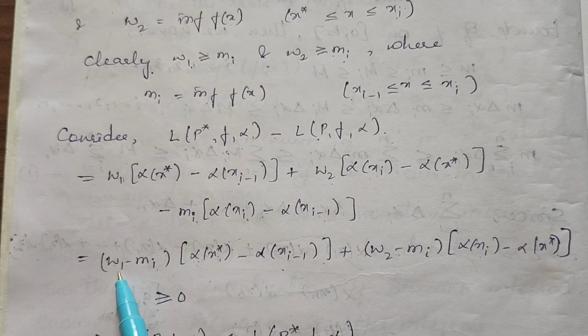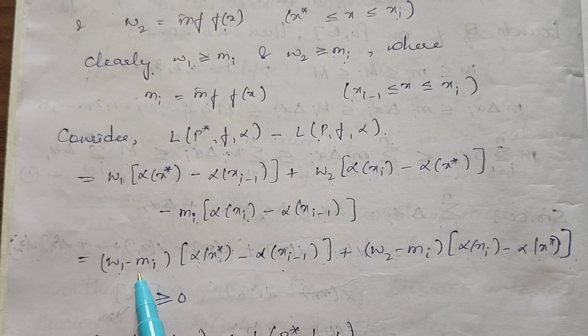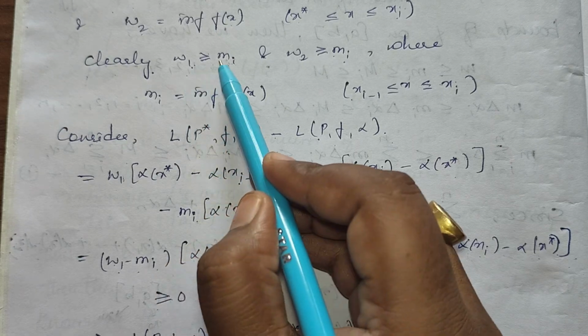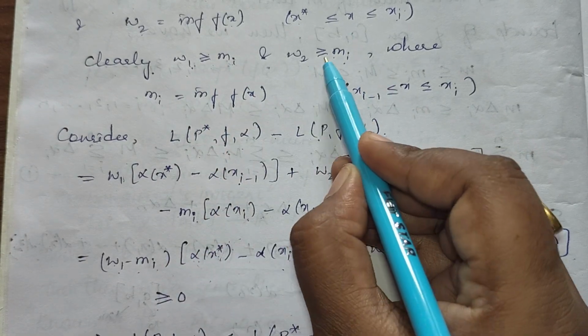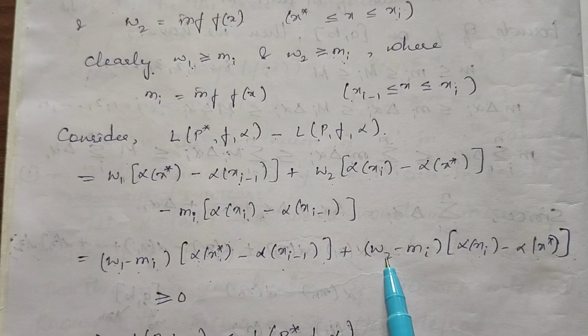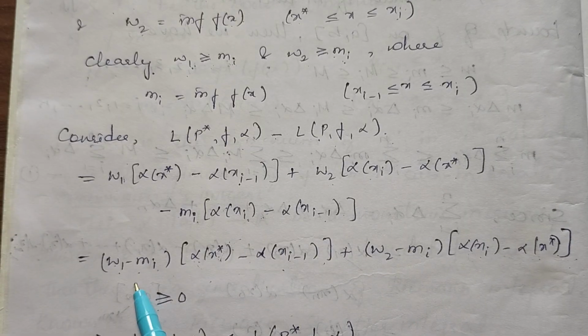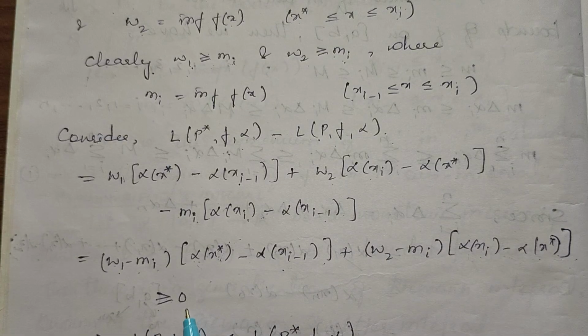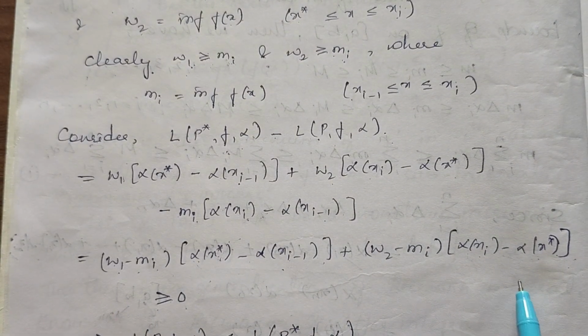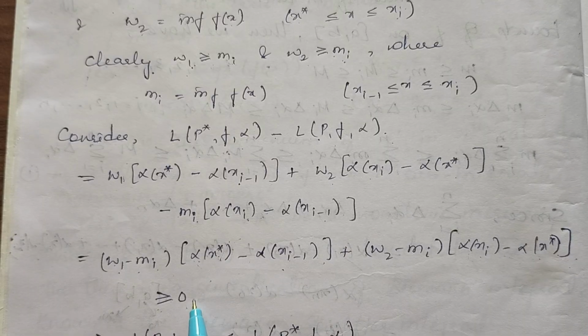And coming to this one, W1 minus mi, here I have already told you W1 is greater than or equal to mi and W2 is greater than or equal to mi. Means both W1 and W2 are greater than or equal to mi. So obviously this term is also greater than or equal to 0. So this complete RHS is greater than or equal to 0.